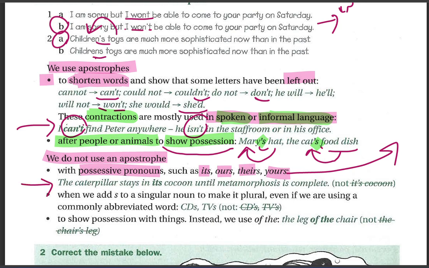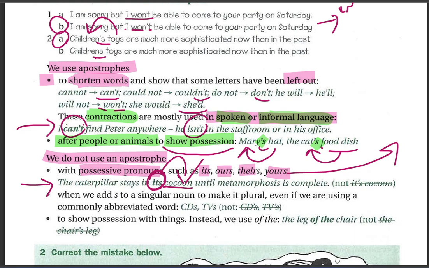The caterpillar stays in its cocoon until metamorphosis is complete. Yes, in its cocoon here. It is a possessive pronoun. So in this situation, we don't use an apostrophe.